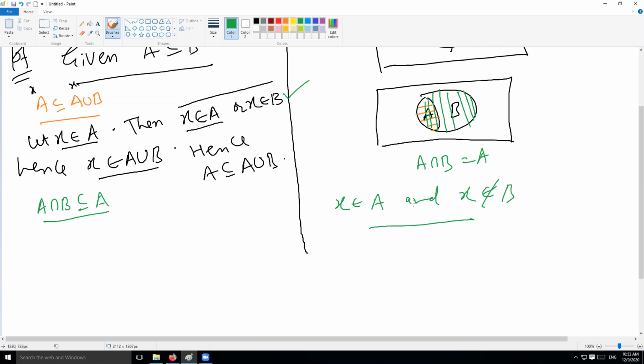This is a true statement. Why? Because one part of it is true. Look, you have the set 1, 2 and the set 3, 4, or maybe 1, 3, 4. So I'm going to say that 2 is in A, but 2 is not in B. Will this 2 come in A union B?